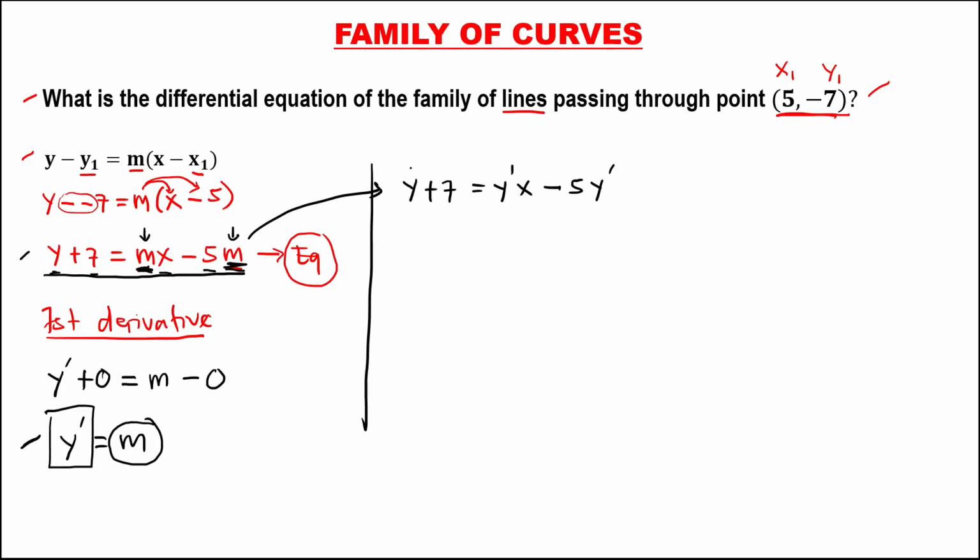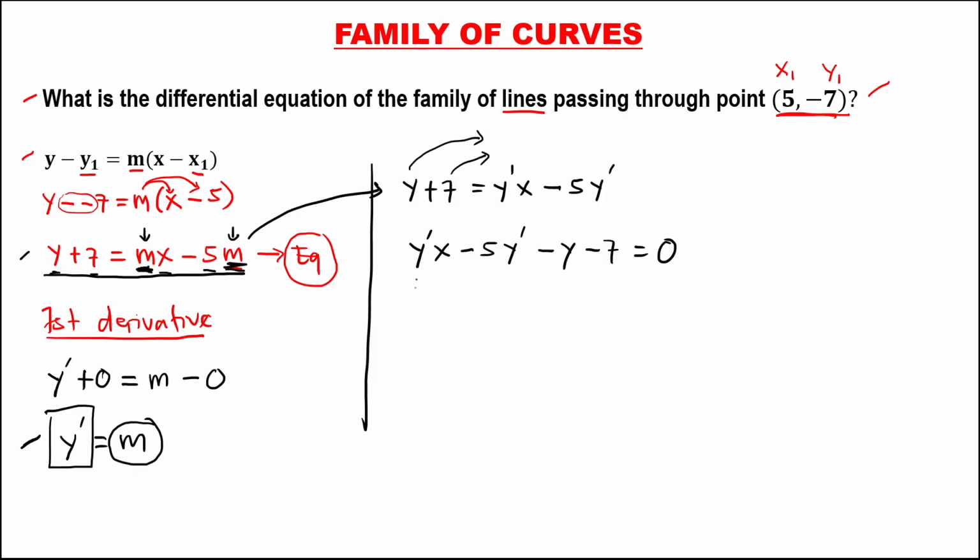So just transpose this y to the other side and this positive 7 to the other side. So this becomes y prime times x minus 5 times y prime. Then this becomes negative y and also negative 7 equals 0.